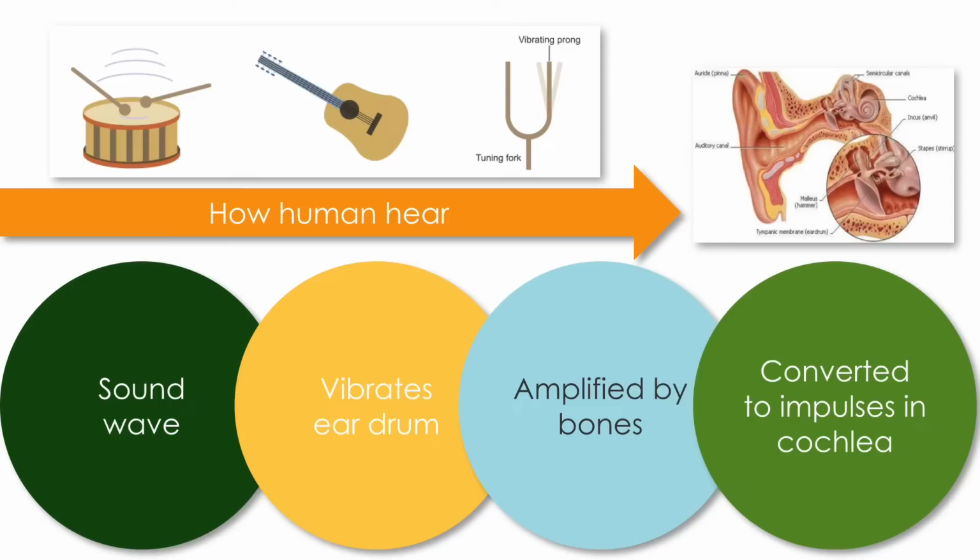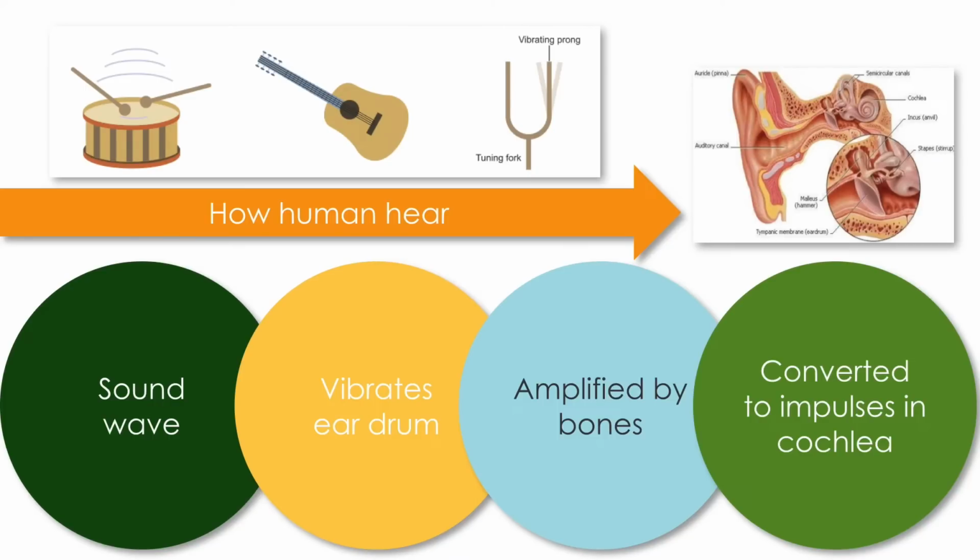Alright, then the wave hits our ears. Okay, the wave hits ataupun it vibrates our eardrum. Jadi dia kena pada eardrum kita, and then eardrum akan hantar wave tersebut kepada ear bones kita lah yang ada di belakang telinga kita, and then the ear bones is used to amplify ataupun menguatkan the wave.